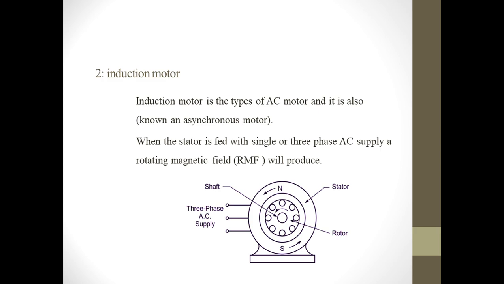Induction motor is a type of AC motor, and it is also known as an asynchronous motor. The difference is that when the stator is fed with a single or three-phase AC supply, a rotating magnetic field is produced in the stator, and according to Lenz's law, this RMF cuts the air gap between rotor and stator and produces an electromotive force in the rotor.